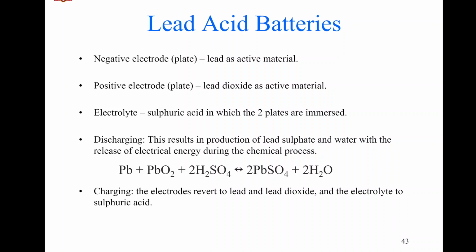Lead reacts with lead oxide using the electrolyte to generate 2PbSO4 plus 2H2O. So when we switch on the charging for this battery, the reaction goes in the reverse direction. In doing so, we would get the current outside.